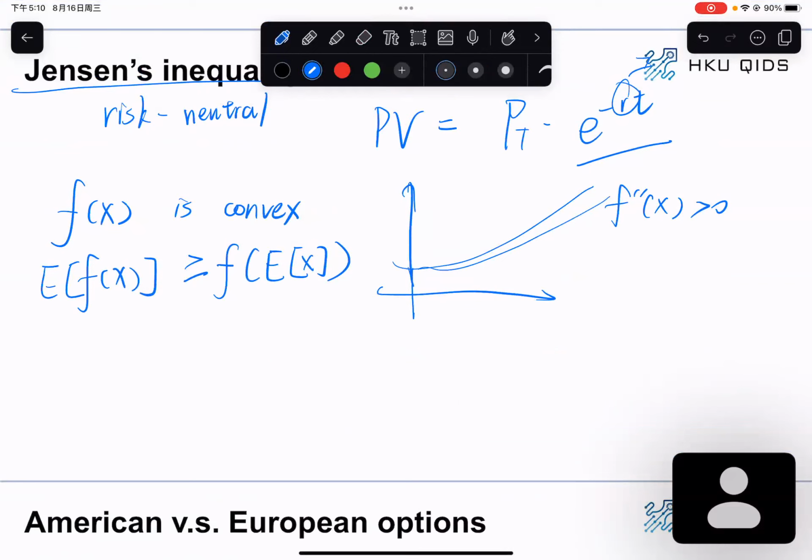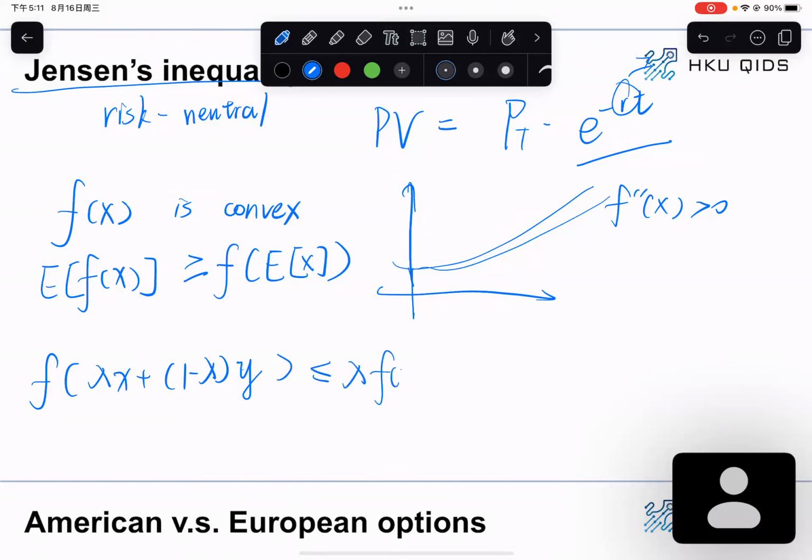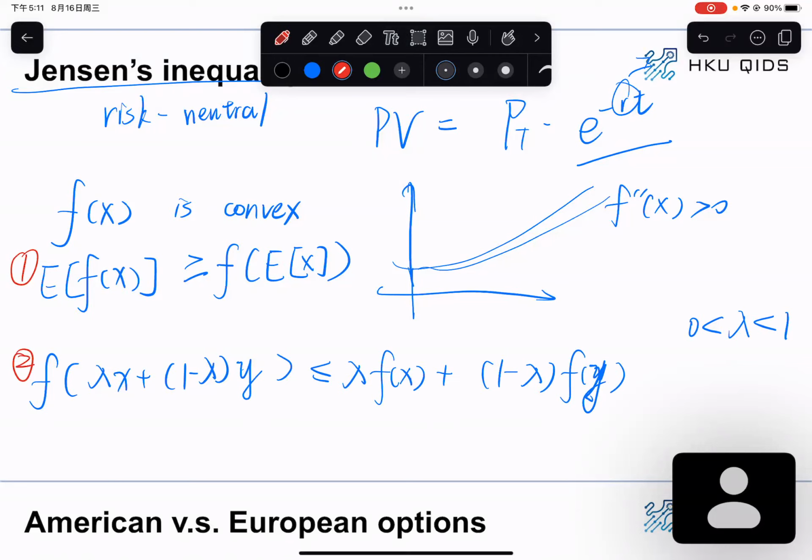We have f(lambda x plus (1 minus lambda) y) shall be less than or equal to lambda f(x) plus (1 minus lambda) f(y), for lambda smaller than 1 and larger than 0. Okay, so these two inequalities you should memorize.